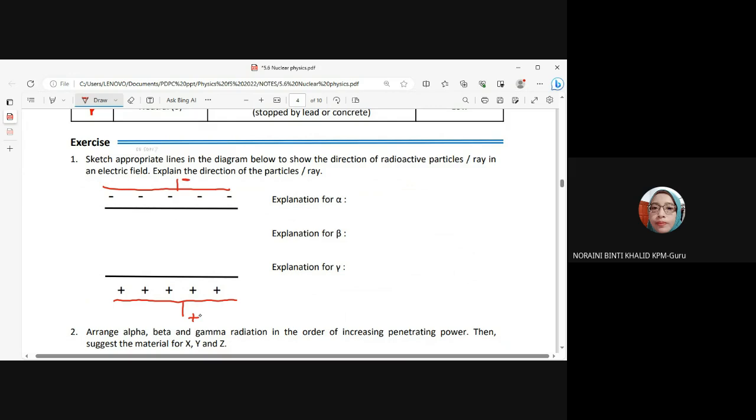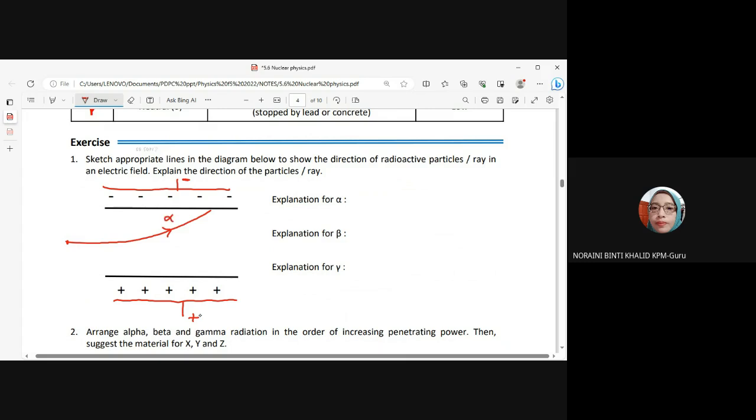So there is a potential difference or electric field between the two plates. If you let alpha, beta and gamma pass through the electric field, alpha is positively charged, so it will be attracted to the positive.